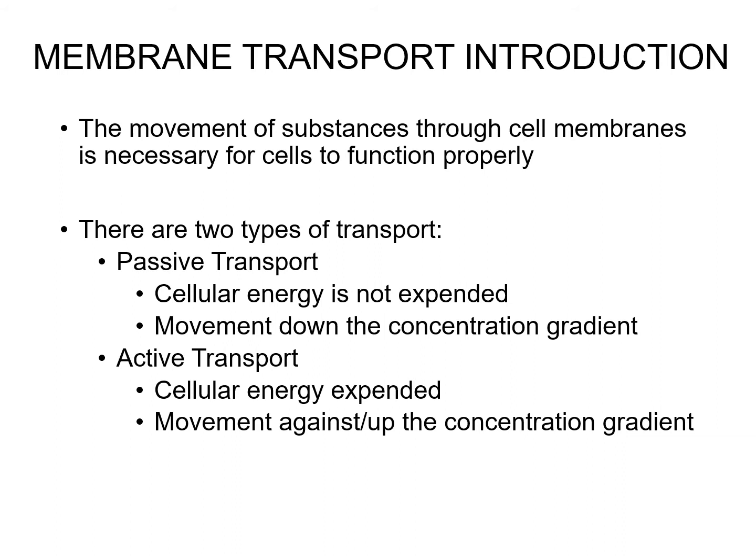So there are two types of transport. Number one is called passive transport, and the second one is called active transport. For the next several slides, we're going to focus just on passive, but I do want to introduce both here so it's not completely new when we get there.